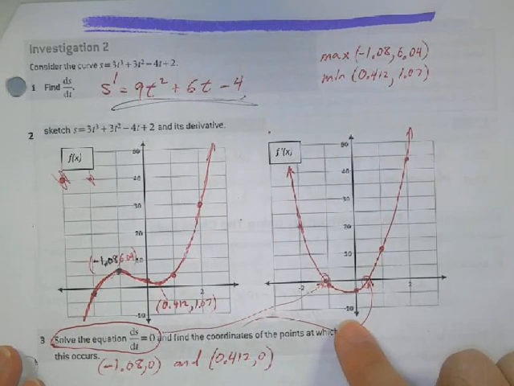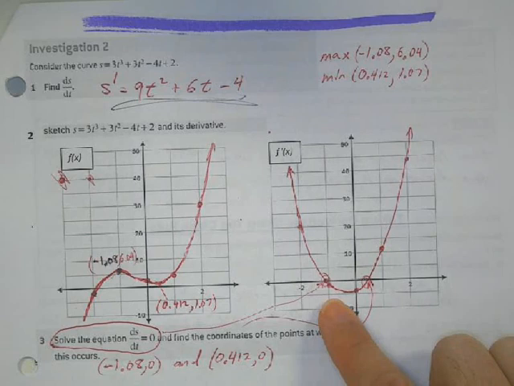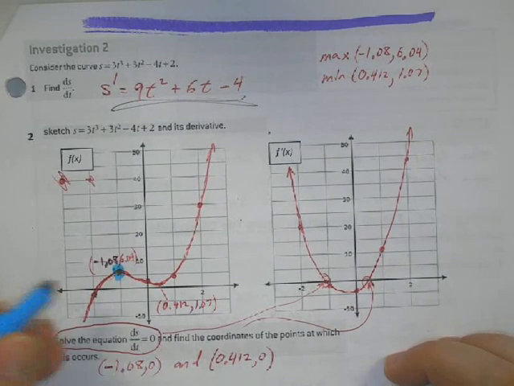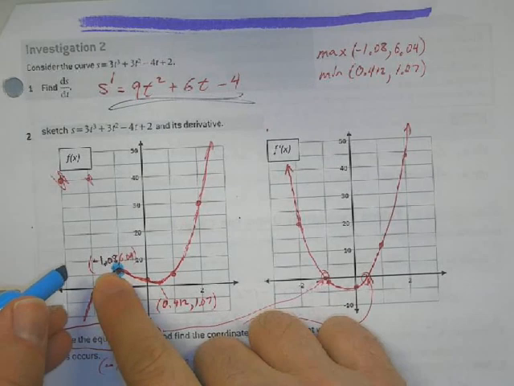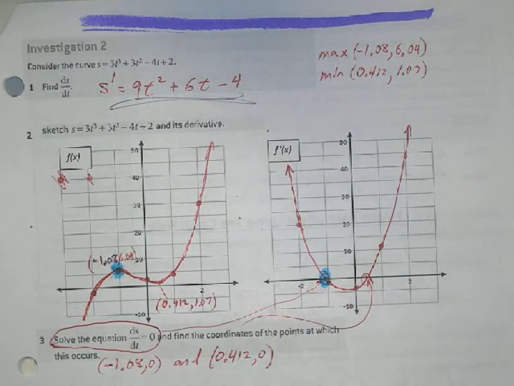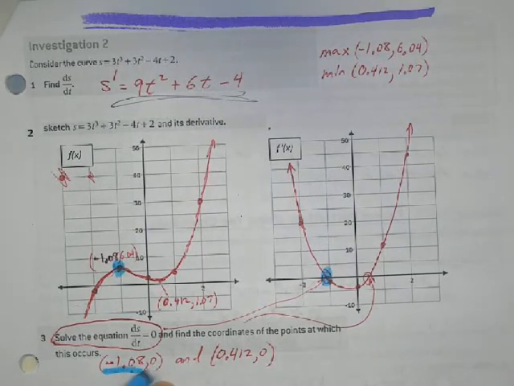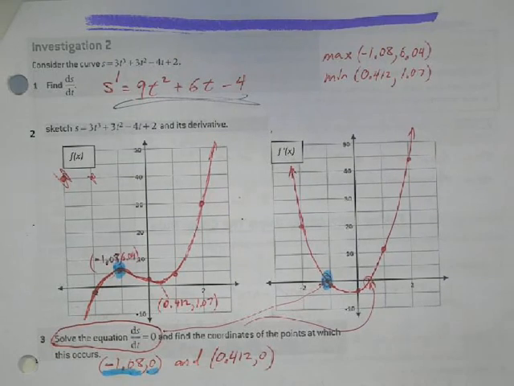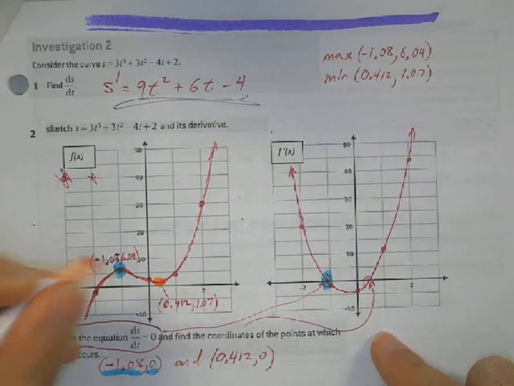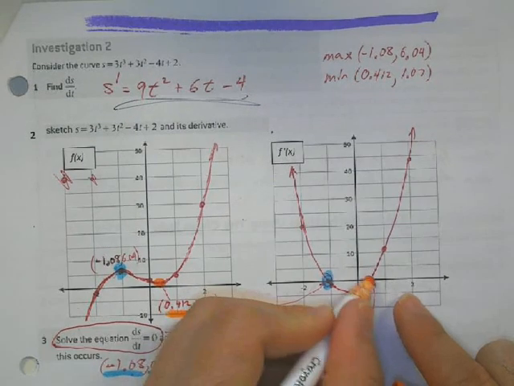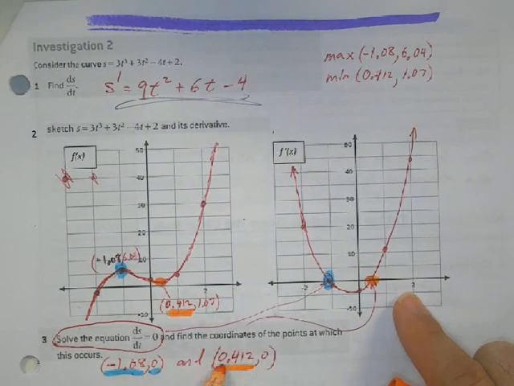The important thing to notice is at the maximum here, at negative 1.8, this here is at (negative 1.8, 0). And at this minimum value of 0.412, this x value is going to be (0.12, 0).